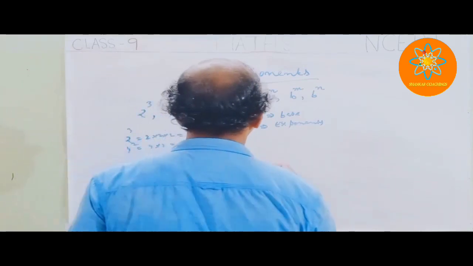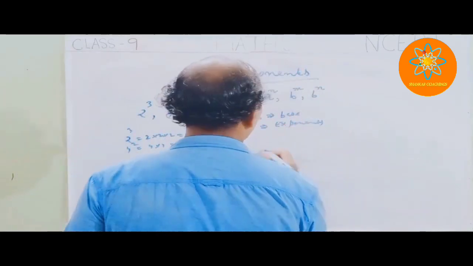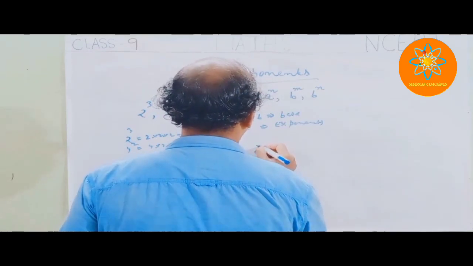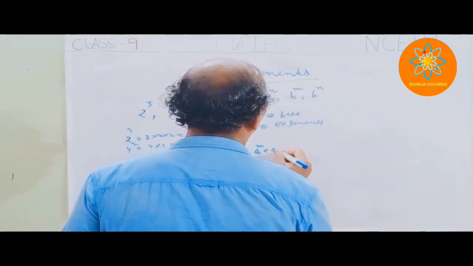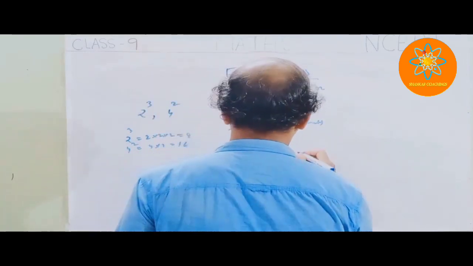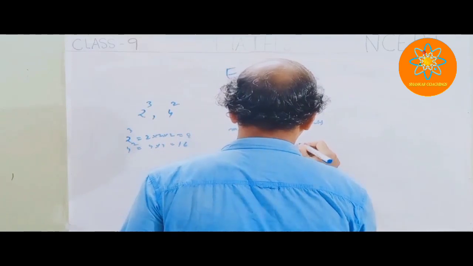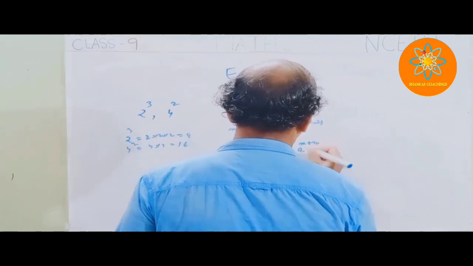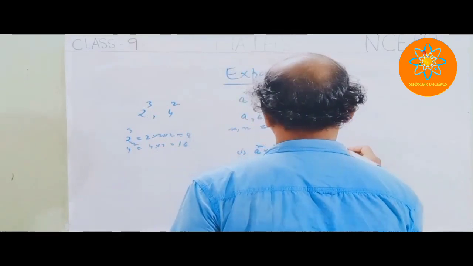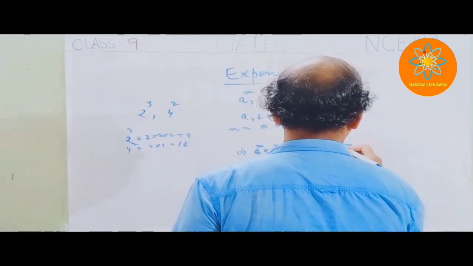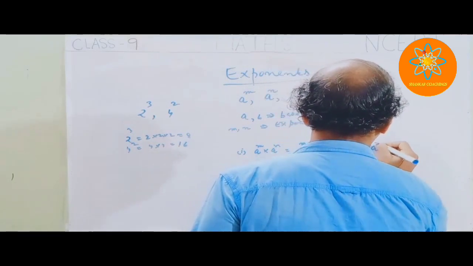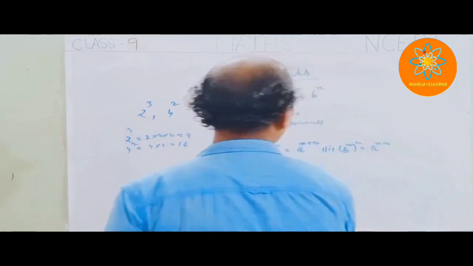Suppose the first one is a to the power m into a to the power n. This is equal to a to the power m plus n. Similarly, suppose I have a to the power m, the whole to the power n. So it is a to the power mn.